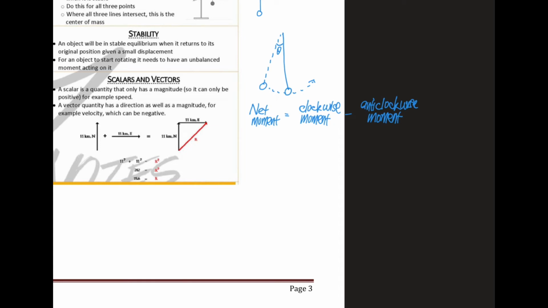So if you minus and you get some value, then that means there is a net moment. If there is a net moment, we call it unbalanced moment, then the system will oscillate or will turn. So the net moment is basically unbalanced moment. So that's how to know that the system is oscillating.